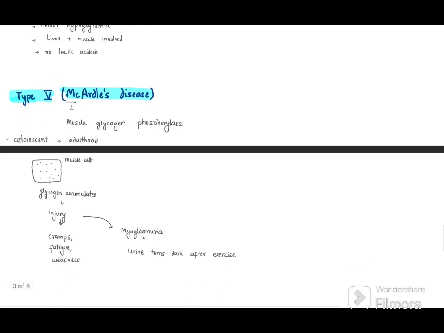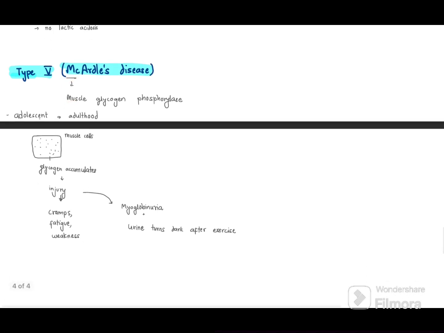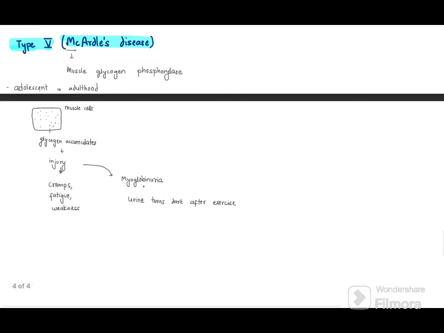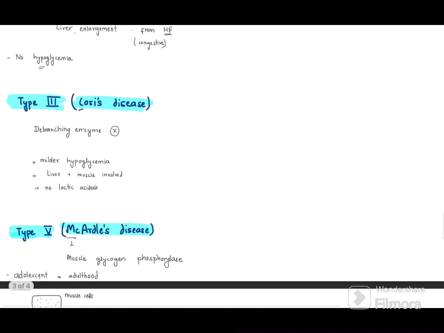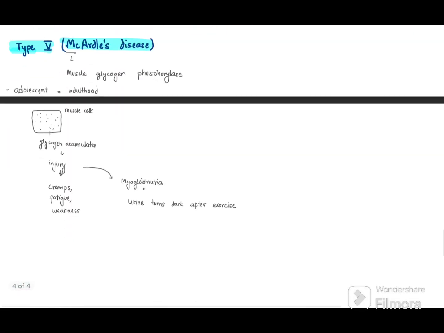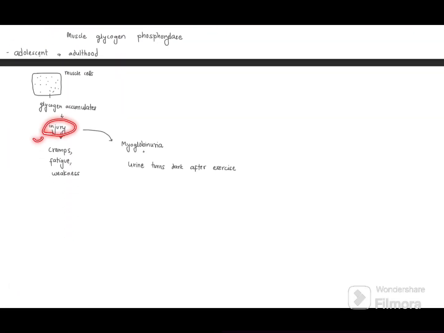Now type 5, or McArdle's disease, muscle glycogen phosphorylase is deficient. It is a disease of adolescence and adulthood. Within the muscle cell, there will be accumulation of glycogen because glycogen phosphorylase, the key enzyme in the glycogen breakdown pathway, is absent, right? Similar features, there will be muscle injury first of all, so decreased activity of the muscle, cramps, fatigue, weakness, hypotonia.